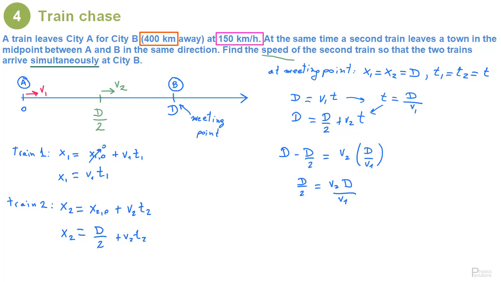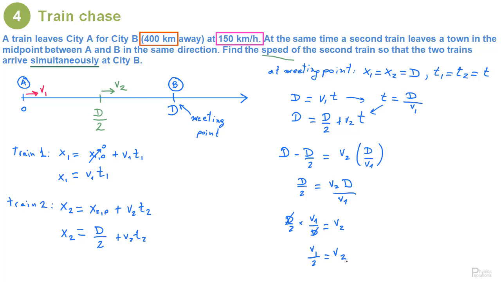That means we have to multiply by v1 and divide by d. So this is d divided by 2 times v1 divided by d. It's going to be the same as v2. The d cancels, so it's completely irrelevant, and we find that v2 is just v1 divided by 2.